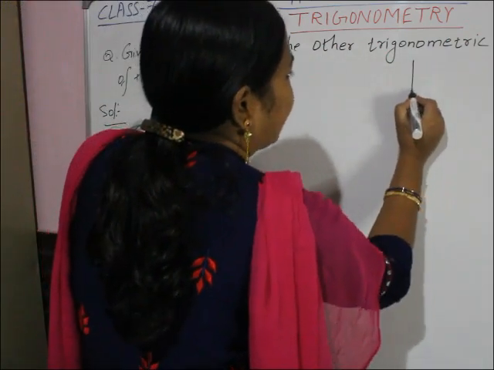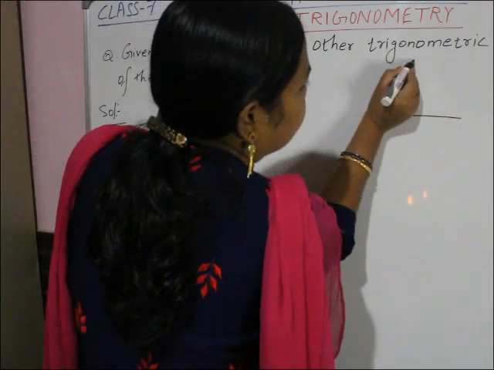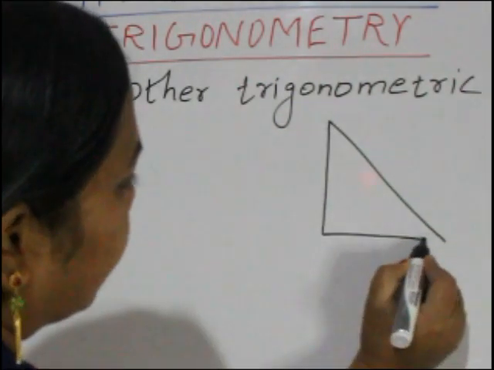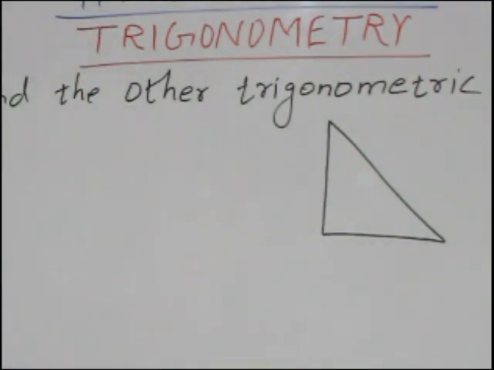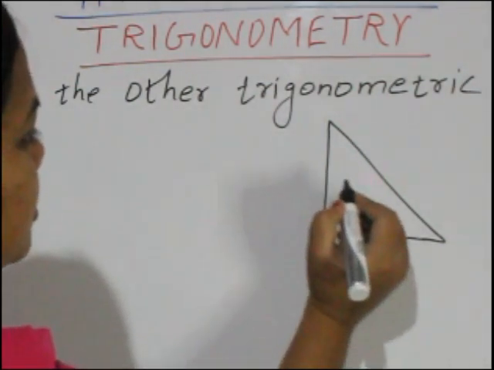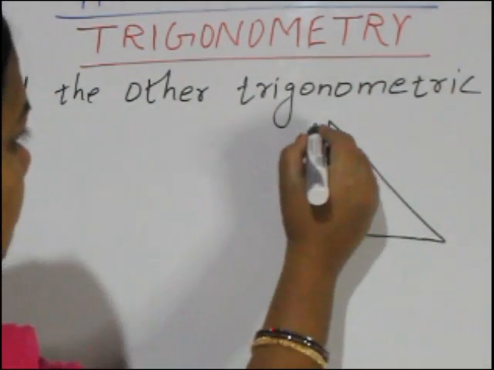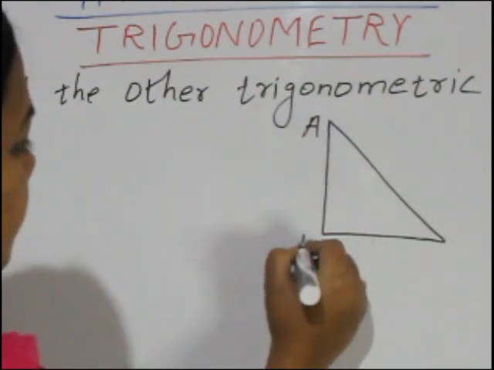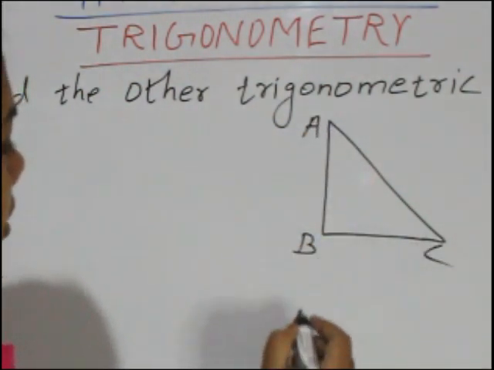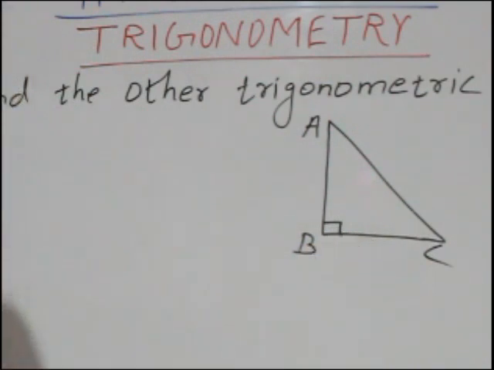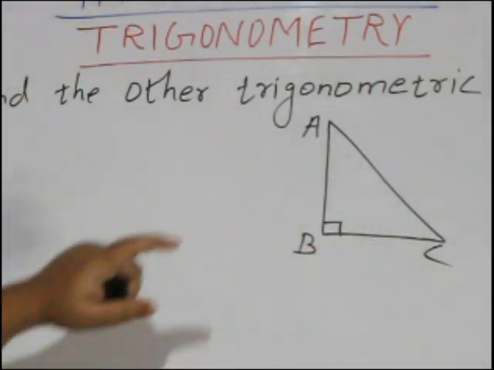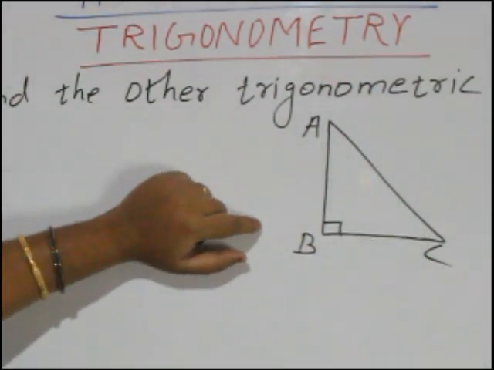Draw one right angle triangle. Here the angle of reference is compulsorily angle A. So suppose triangle ABC is a right angle triangle where angle B is 90 degrees.